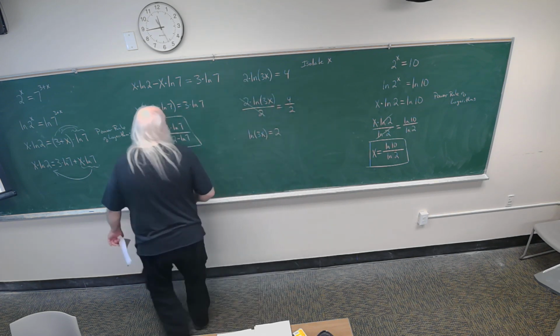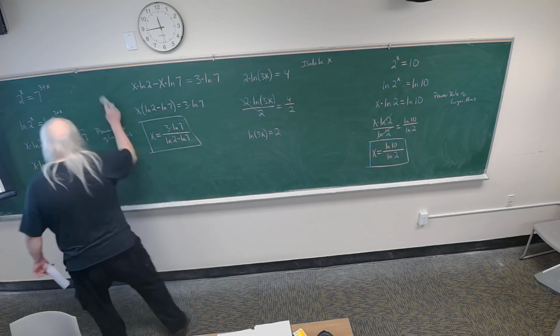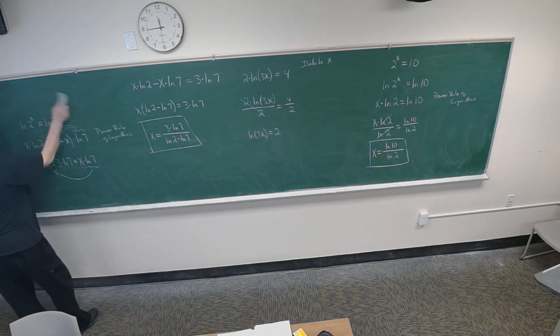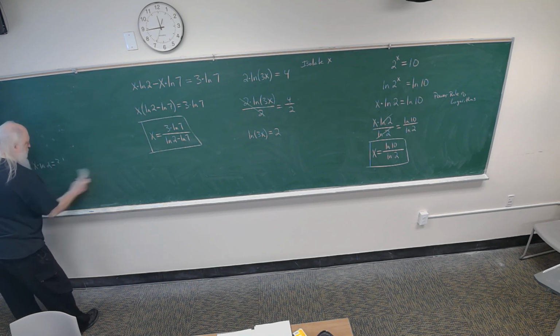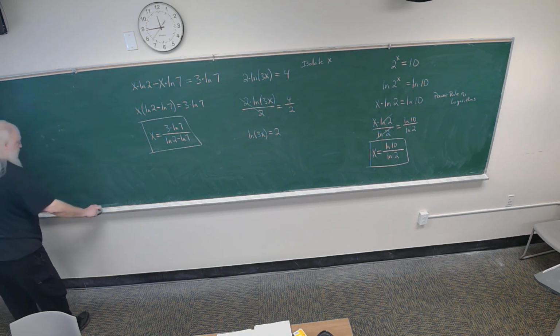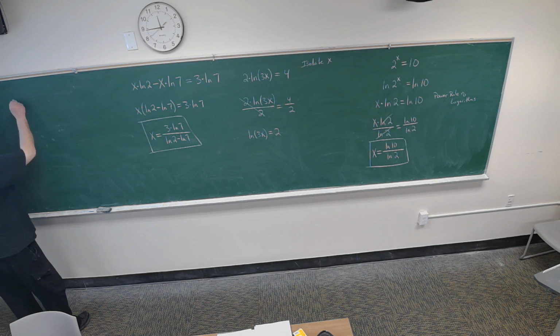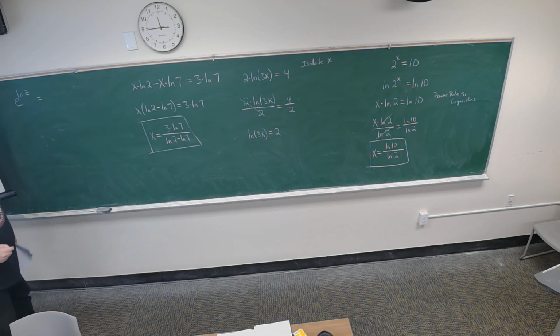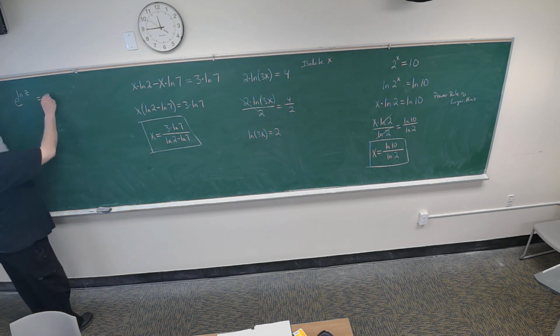So let's remind ourselves of this property of the natural log function from 5.2. If I have e raised to the natural log of z, what's that equal to? Z. Just z, right?